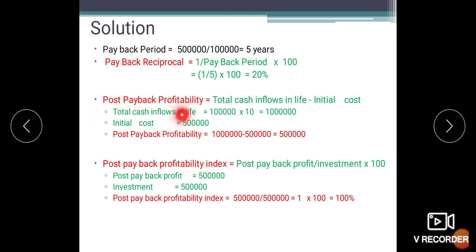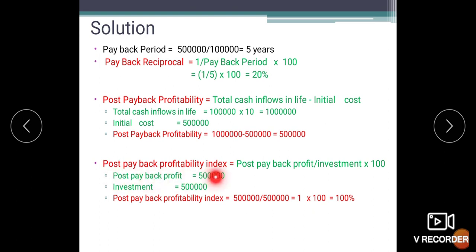Post payback profitability is total cash inflow in life minus initial cost. The net annual income is 1 lakh and 10 years is the life. So 1 lakh into 10, 10 lakh is the total cash inflow in life. Initial cost is given in the problem, that is 5 lakh. So post payback profitability is 10 lakh minus 5 lakh, which is equal to 5 lakh.